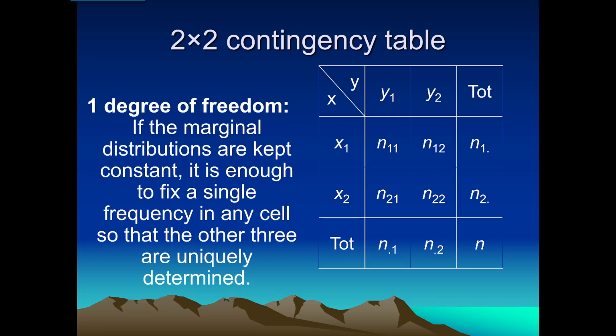So, for example, if you have a 2 times 2 table, and if these numbers are fixed, are given, the marginals are given, inside you have just so-called 1 degree of freedom, because you can put just one number as you like, but all the other 3 are given, given that the marginals are fixed.